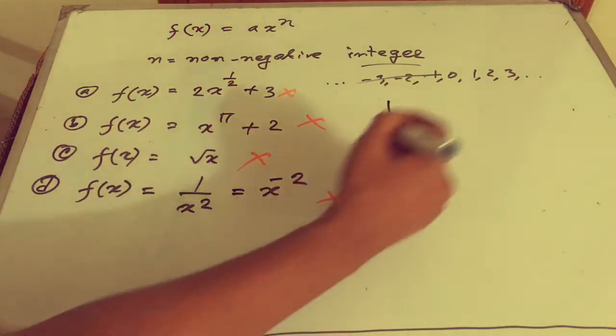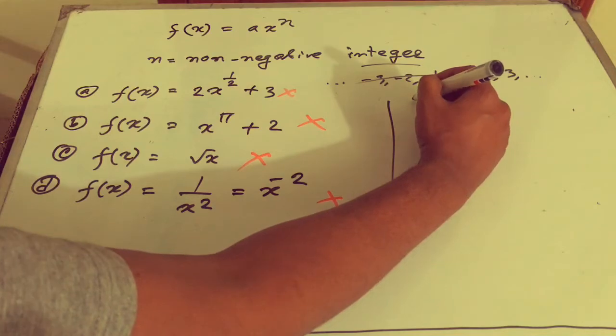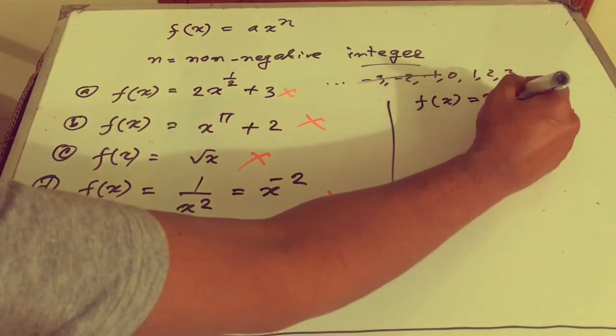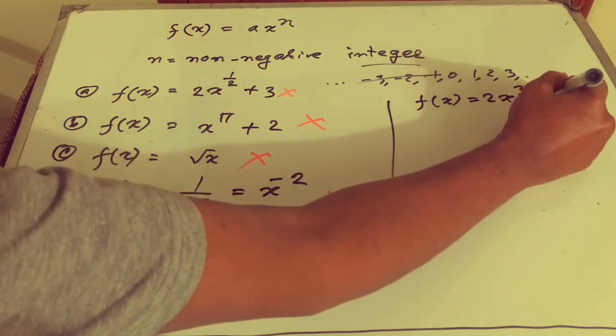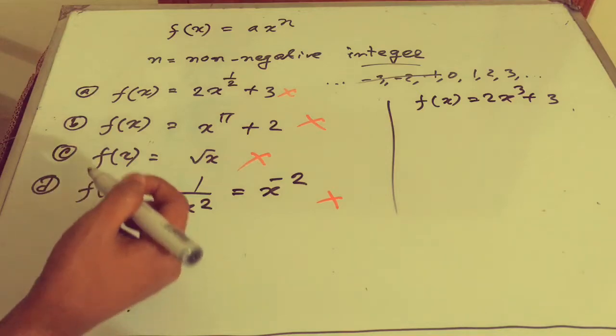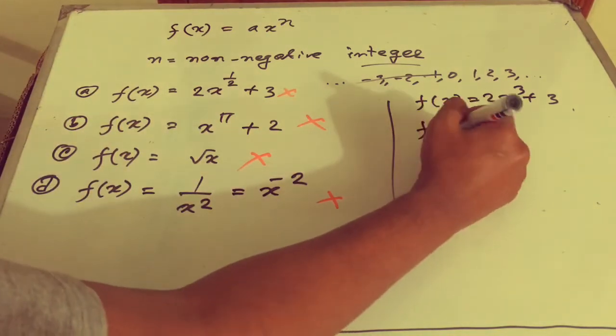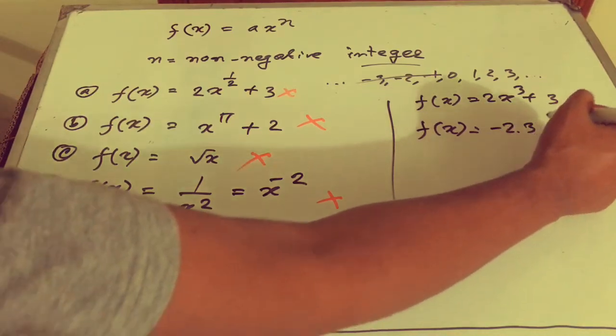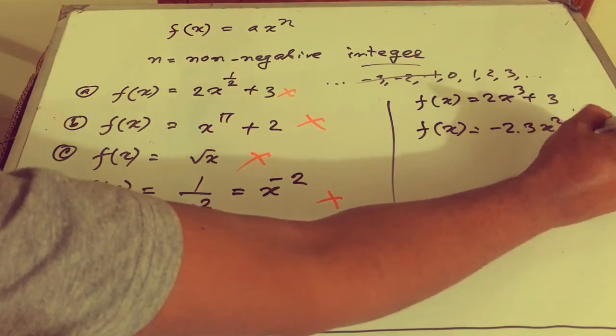Some examples can be like, let's say f(x) = 2x cubed + 3. This is a polynomial function, and it follows all the conditions of the definition. Then if I write f(x) = -2.3x squared + 2, no problem.